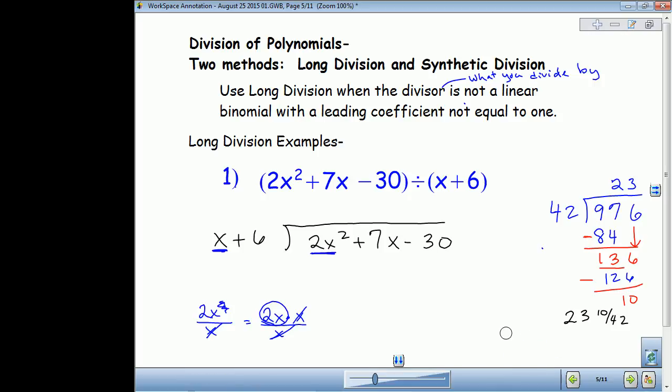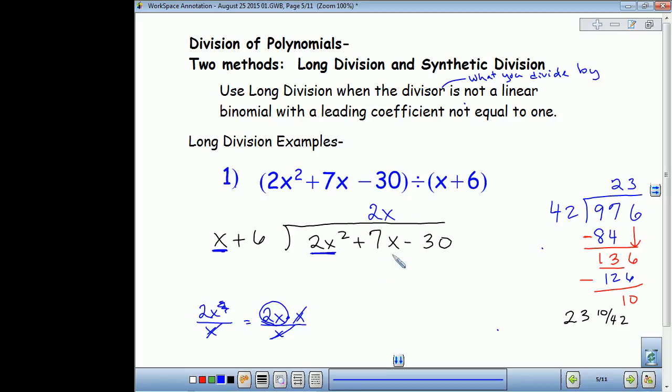Some of you are going to be like that now. You're going to go, okay, what do I multiply x by to get 2x squared? Well, obviously I got to multiply by 2. And here I only have 1x, but here I have 2, so I need a 2 and an x. You can think of it either way. Now, do you notice how I lined up this linear term over a linear?